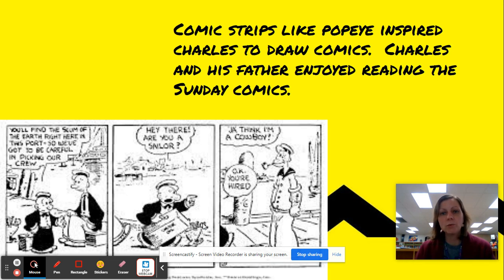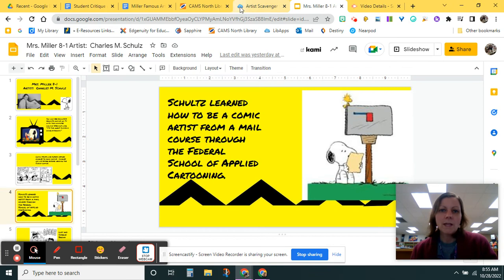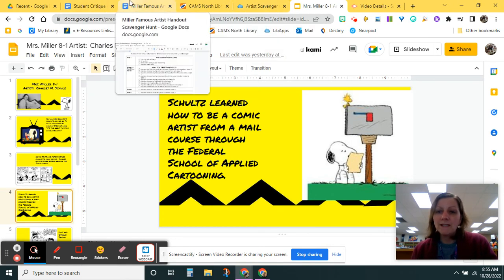Charles and his father enjoyed reading the Sunday comics. And I have a picture of the Popeye comic. Schulz learned how to be a comic artist from a mail course through the Federal School of Applied Cartooning. And so I have a picture of Snoopy reading a letter at the mailbox. Okay, so those are my slides 2 through 4.